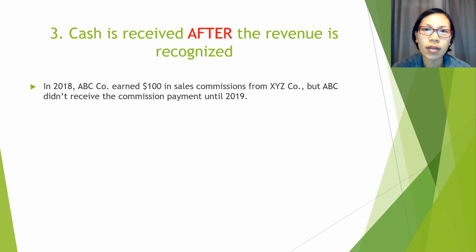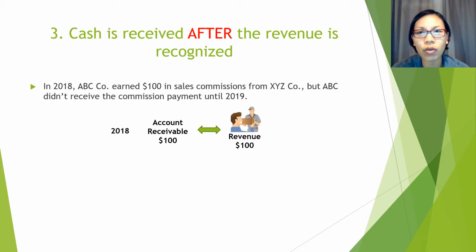In the third case, assume ABC earned a $100 sales commission for the sales they made in 2018, but did not receive the payment until 2019. In this case, ABC recorded the revenue because the revenue is earned in 2018.